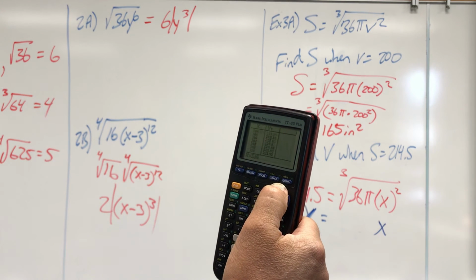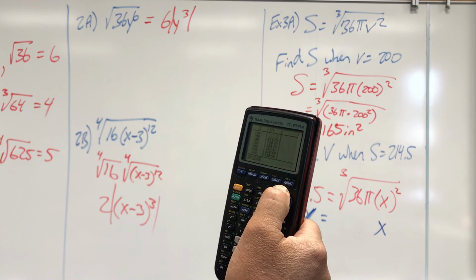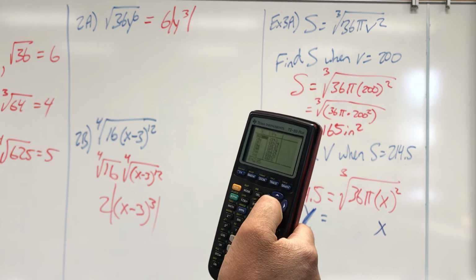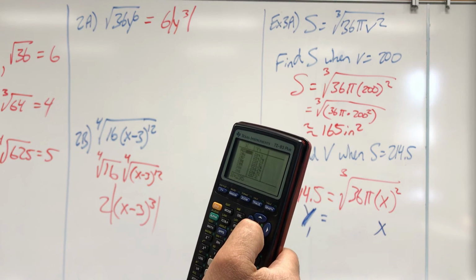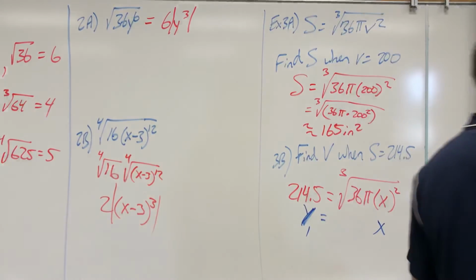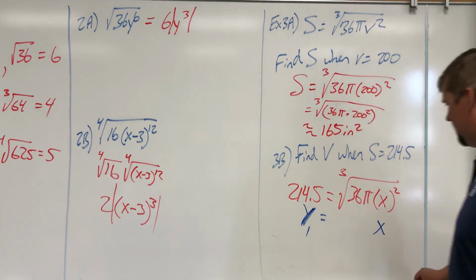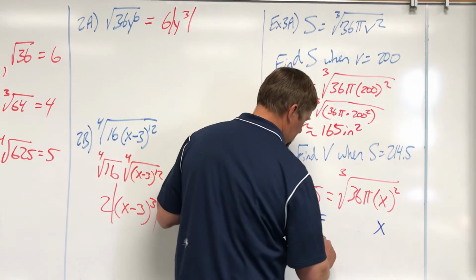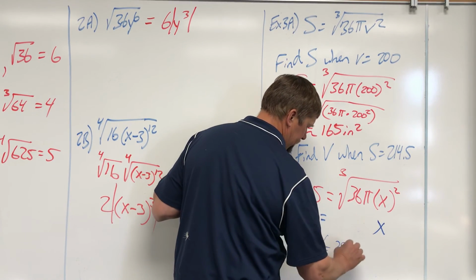I'm almost there. I'm at 219. So 214.3 is 295 for a volume. So approximately 295 gives me a surface area of 214.